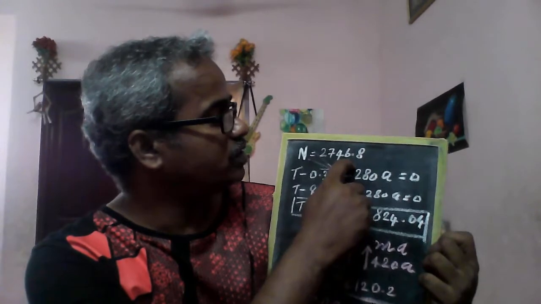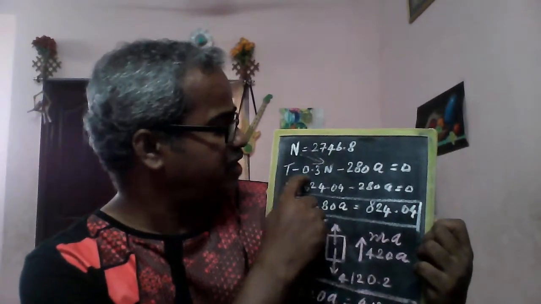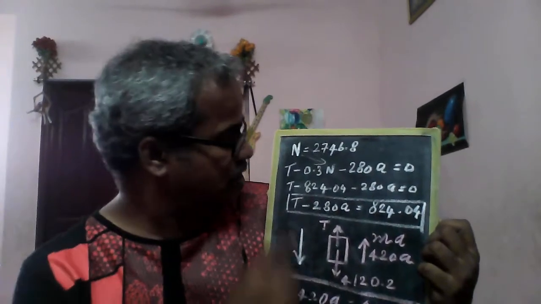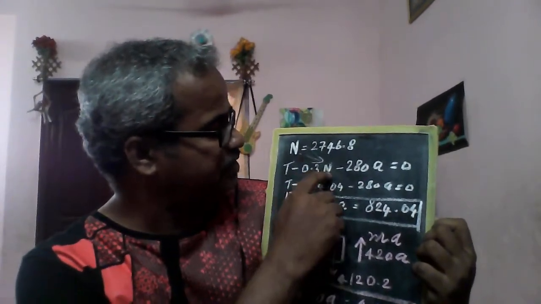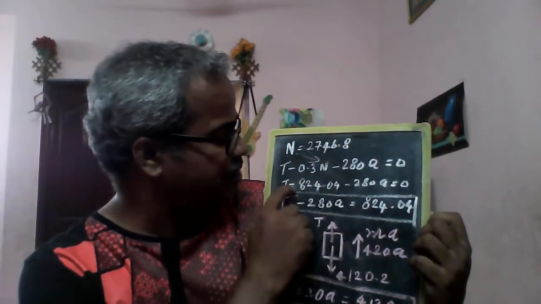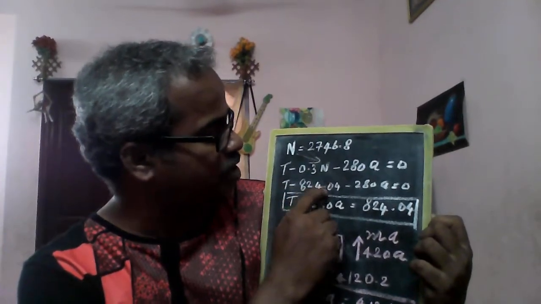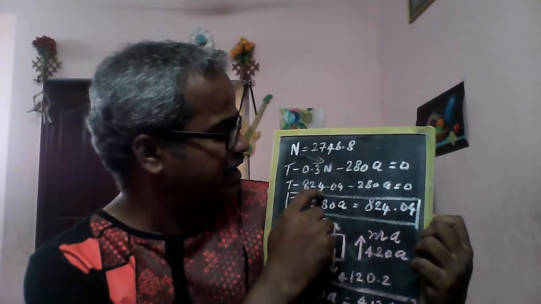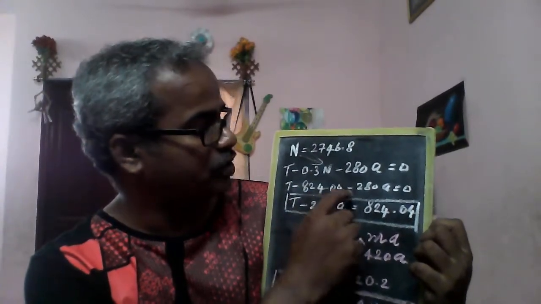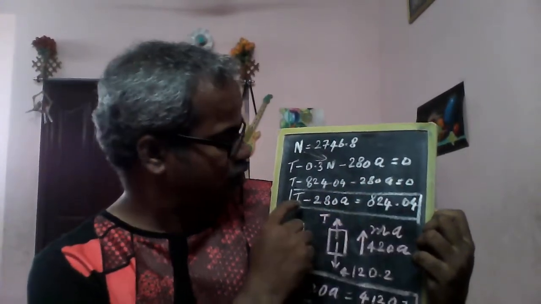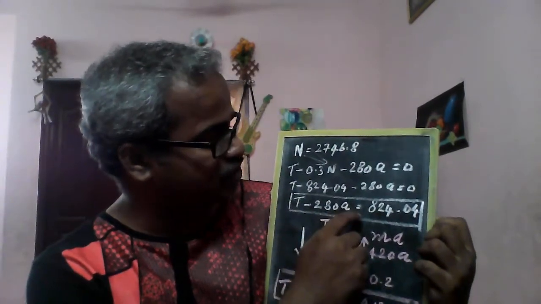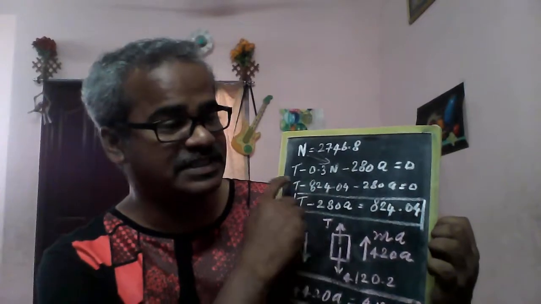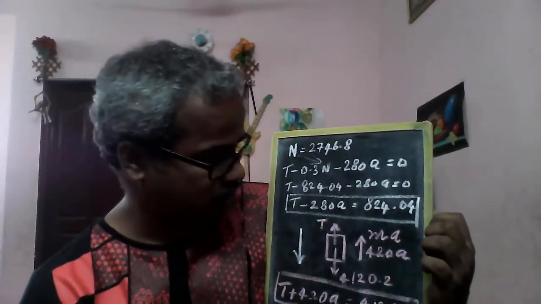Substituting the N value here, I get 824.04. So T minus 280A is equal to 824.04 is my first equation for the first block.